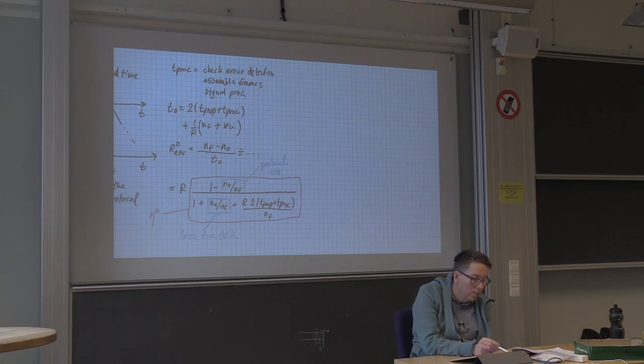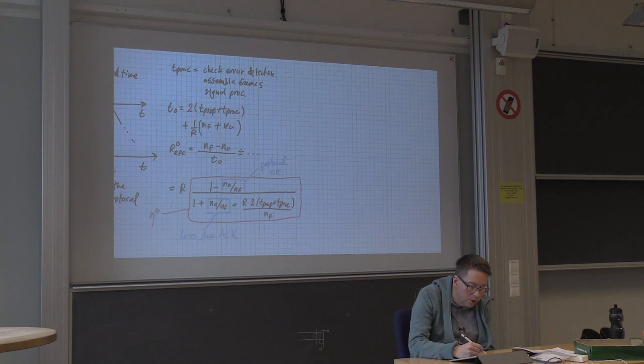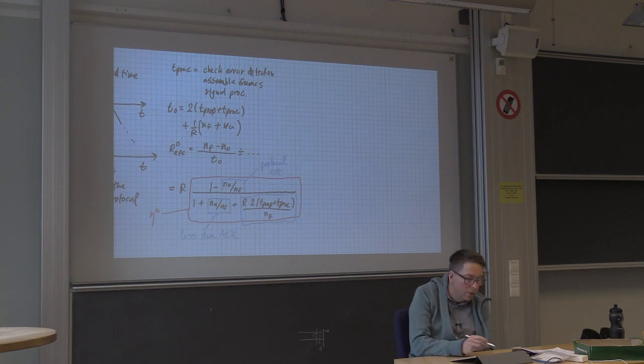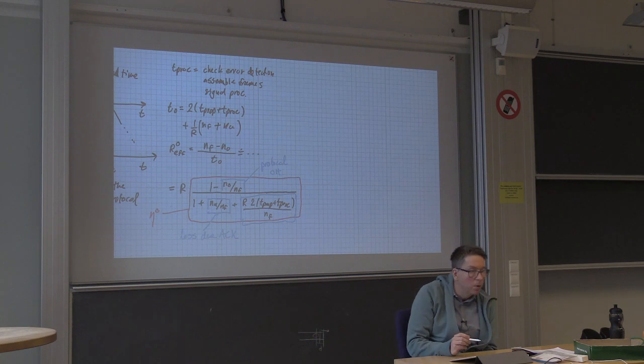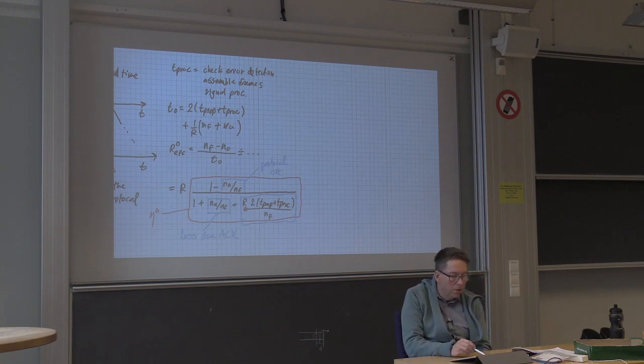Okay. But the final and perhaps most interesting term is this one. So let's dissect that a little bit before interpreting. We see that the rate is here, the data rate of the layer below me. So that's interesting. And then it's 2 times this T prop plus T pros.